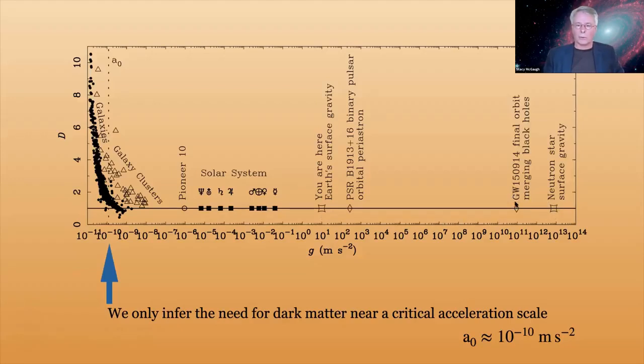The last orbit of a merging pair of black holes, the first source detected by LIGO, the Gravitational Wave Observatory. What you expect for the surface of a neutron star that is itself on the brink of collapse into a black hole. Gravity works fine on all these scales, works fine in the solar system, and it's not until you get to these extremely low accelerations that you start to see a discrepancy.